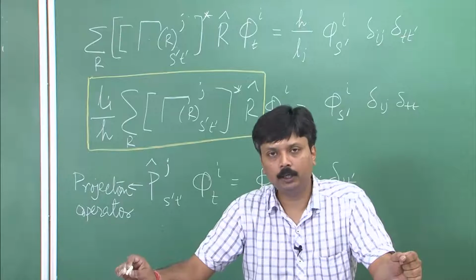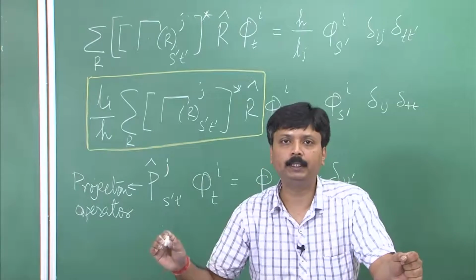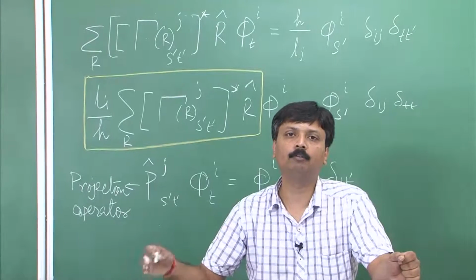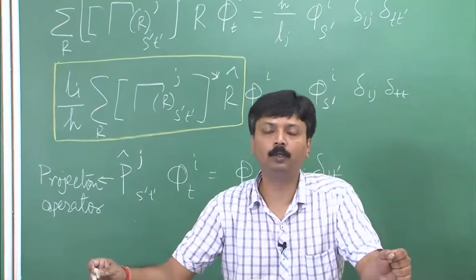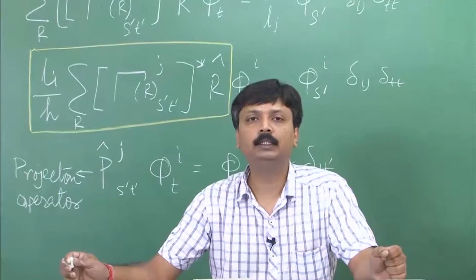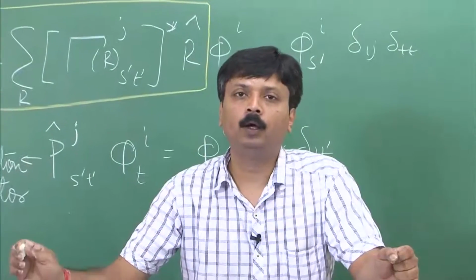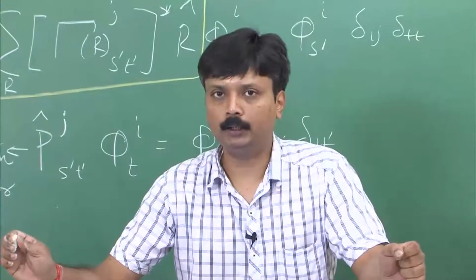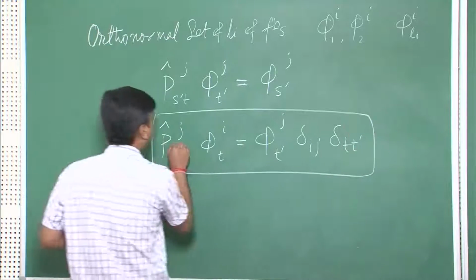Now, these projection operators will be used in specific cases when we consider, in the following class, a particular example of a molecule. There we will consider the atomic orbitals, their wave functions, and operate these projection operators on them. Here we say this is a particular irreducible representation j.